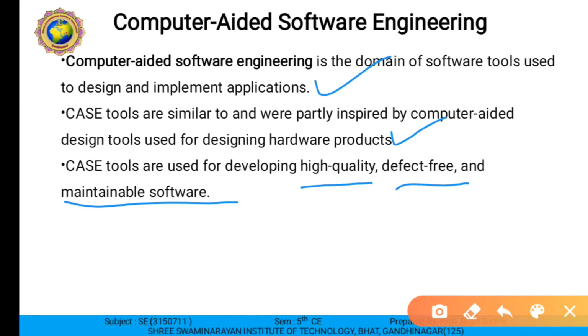Okay, let me discuss in detail. So the CASE tool, computer-aided software engineering, can be covered in a single tool that supports a specific software engineering activity, up to a complex environment.